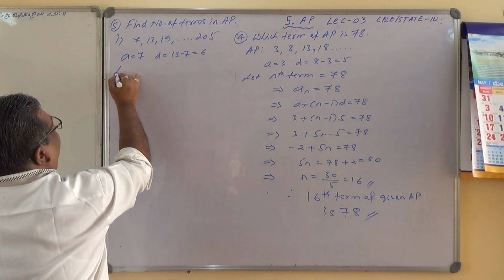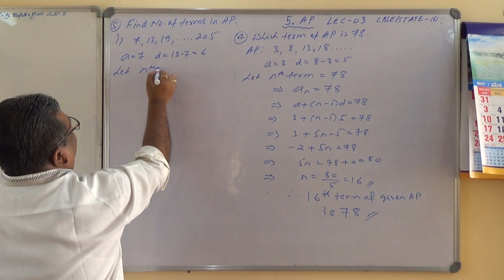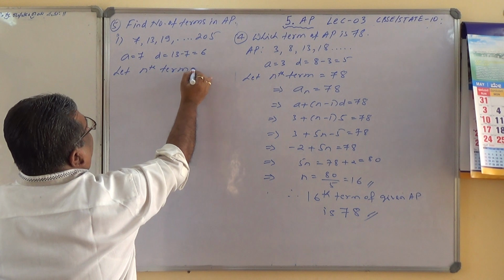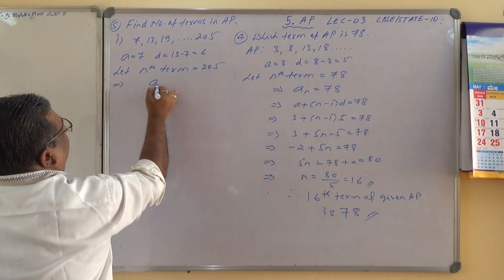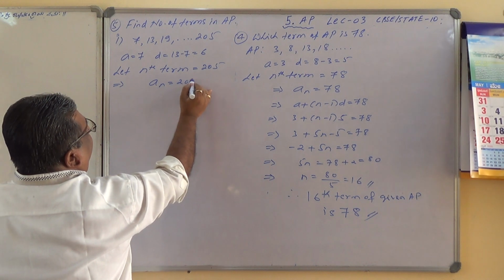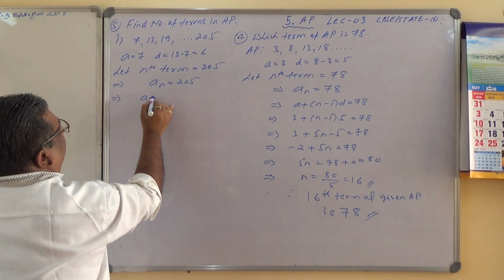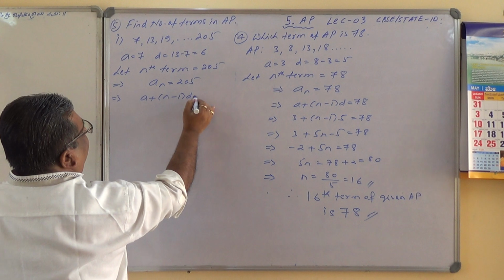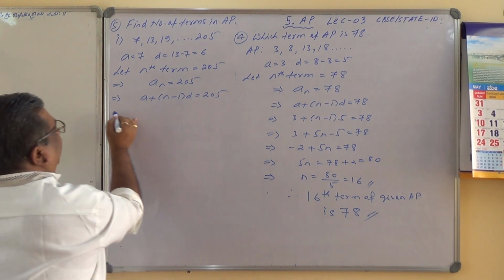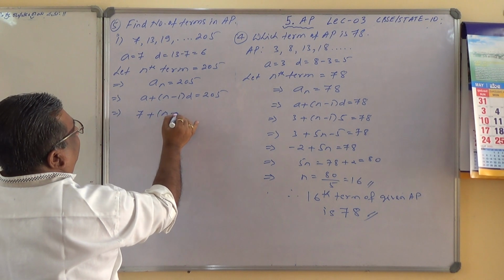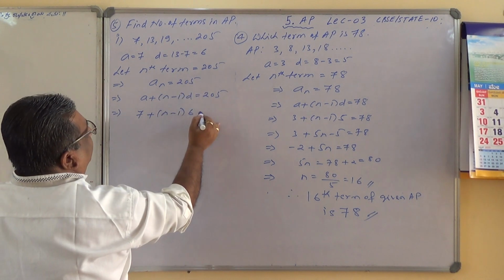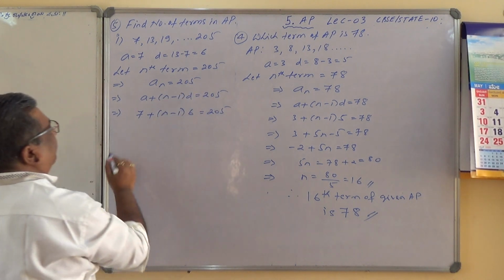Let the nth term be 205, which implies an equals 205, which implies a plus n minus 1 into d equals 205. A is 7, plus n minus 1, which I have to find out, into d, which is 6, equals 205.